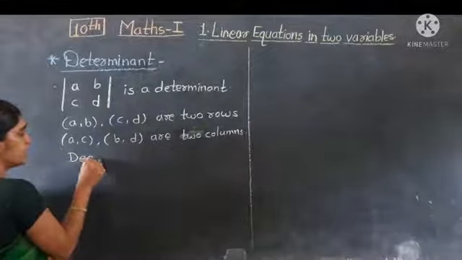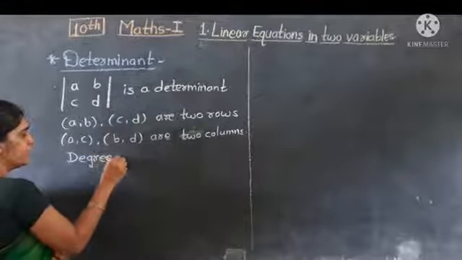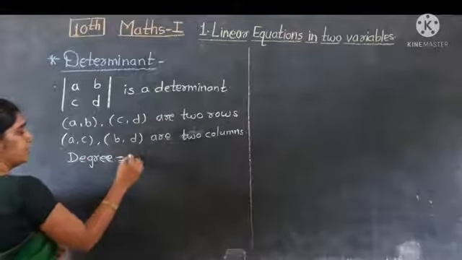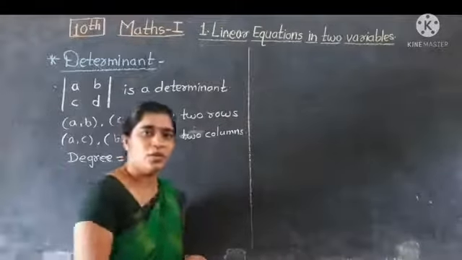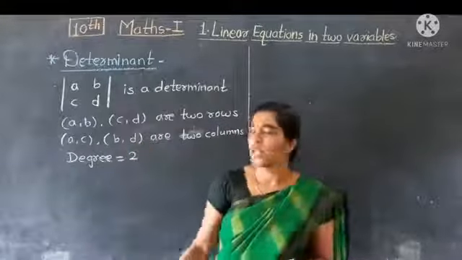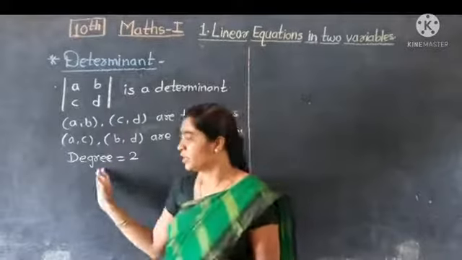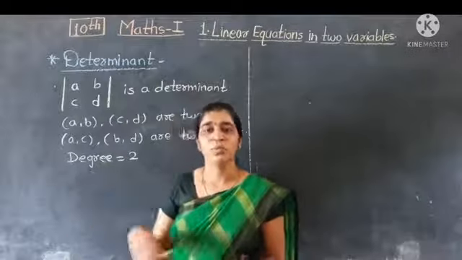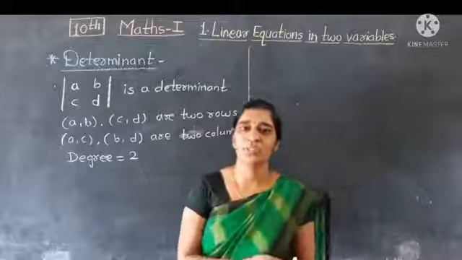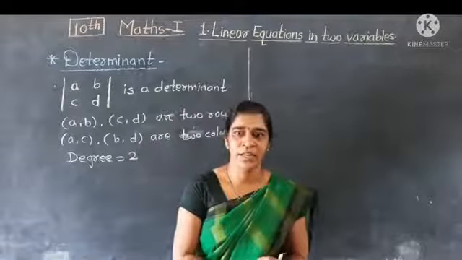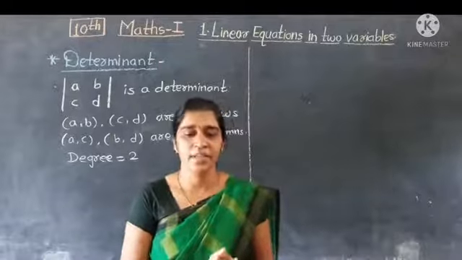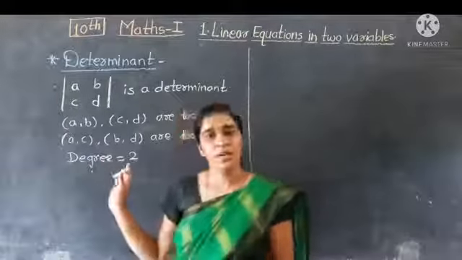Why 2? Because you observe there are two rows and two columns, therefore its order is 2. Suppose there are 3 rows and 3 columns, then that determinant is of order 3.